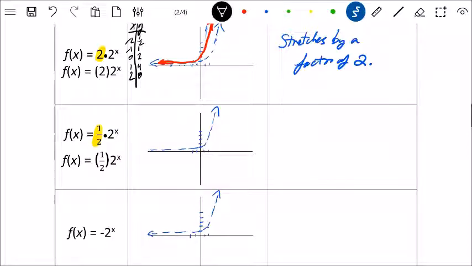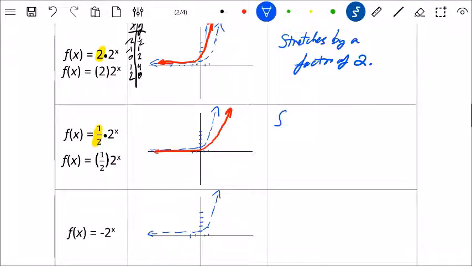Okay. Now here, in the 1/2 one, the opposite's going to happen. So what'll happen here is we'll get a 1/2, and then it's going to go on the outside of it. Because it's being pulled aside, we call it shrinking. But it's being pulled out that way.